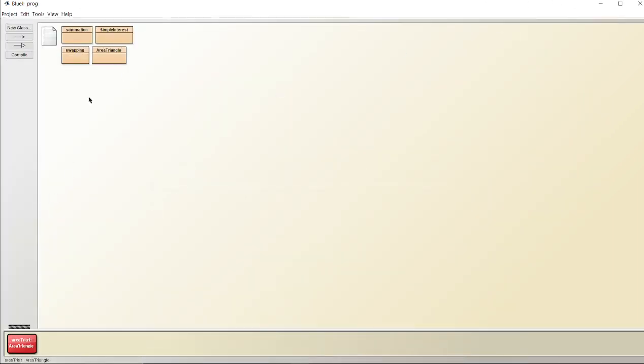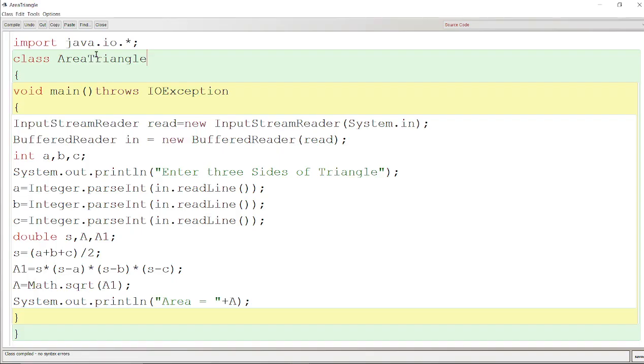See, like this, you can find the errors in your code. If I see that I have written this, and now I have declared double. I think I have to change.